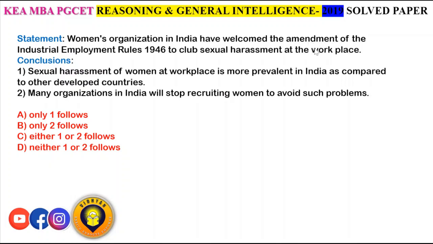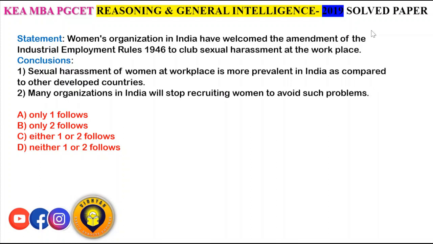Yes, they have brought this new amendment to lessen the sexual harassment at the workplace for the women, but they never mentioned here anything about comparing India with other countries, right? Okay, the sexual harassment cases may be more, but they did not compare it with other countries here.